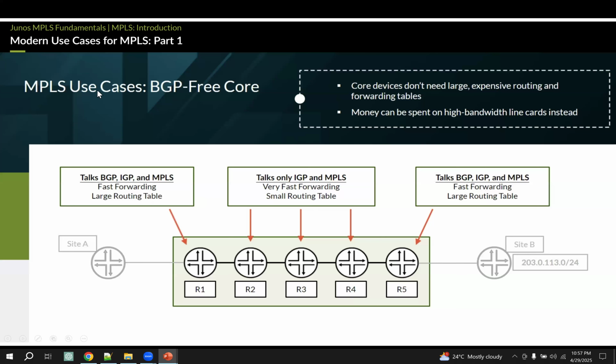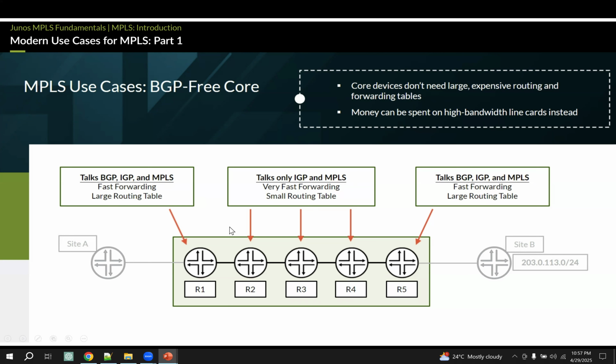So the MPLS use case is the BGP free core. You can free your core from the BGP routing protocol. Talking BGP, IGP, MPLS gives fast forwarding but a large routing table. Talking only IGP and MPLS gives very fast forwarding and a small routing table.